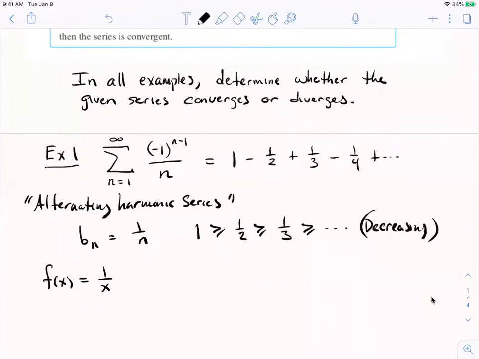In this case, the corresponding function would be 1 over x, just like we do for the integral test. And I take its derivative. The derivative of 1 over x is negative 1 over x squared, which is less than 0 for all x, but in particular, for all x at least 1. I'm starting at 1 because that's where my counter would start. So if a function's derivative is negative, that function is decreasing.